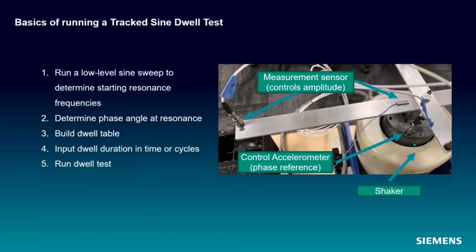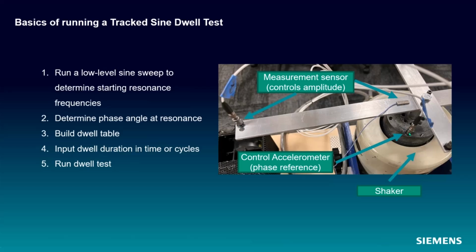I have my shaker. It's a small shaker. There's an armature here, and I've got a test structure on the armature. I have a little control accelerometer here, and I have a measurement accelerometer out at the end of this cantilever, and we're going to measure some pretty cool resonances when we do that. So that is what the setup looks like.